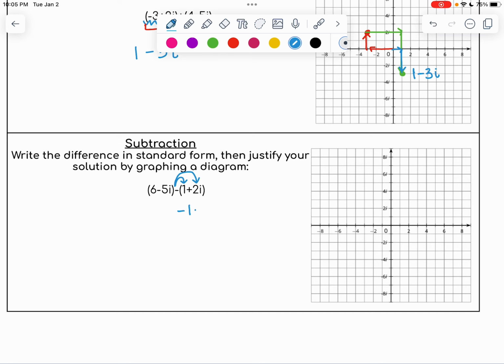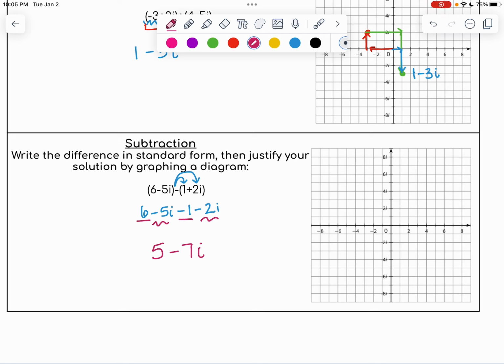So we get negative 1 minus 2i. And bring down that 6 minus 5i. Now that I've distributed the negative, I can combine like terms. So I'll start with the real terms. 6 minus 1 is 5. And then the imaginary, negative 5i minus 2i is negative 7i.